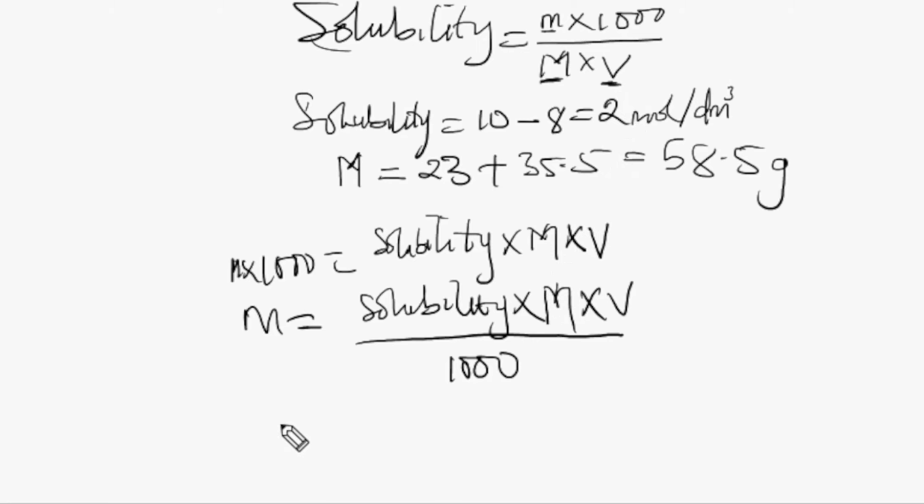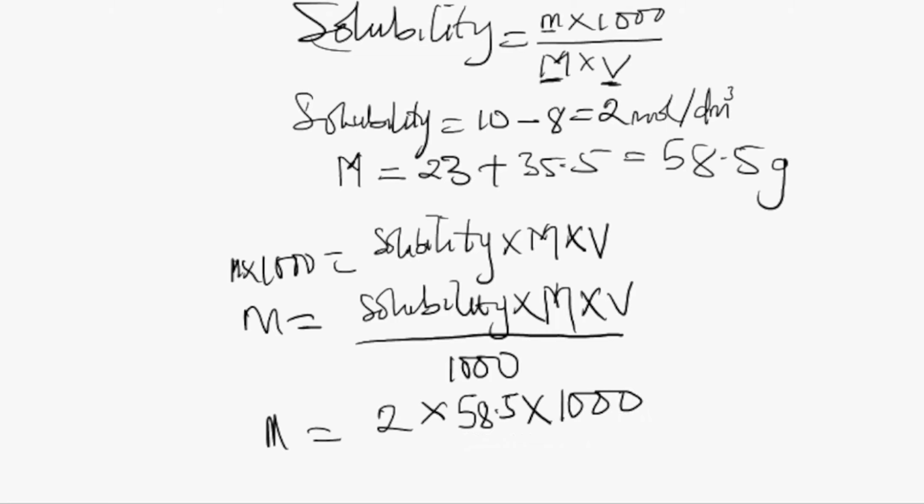With this, we're going to say our m is equal to the solubility, which is 2 moles per dm cube, multiplied by the molar mass, which is 58.5 grams per mole, and then multiplied by the volume, which is 1000 cm cube.